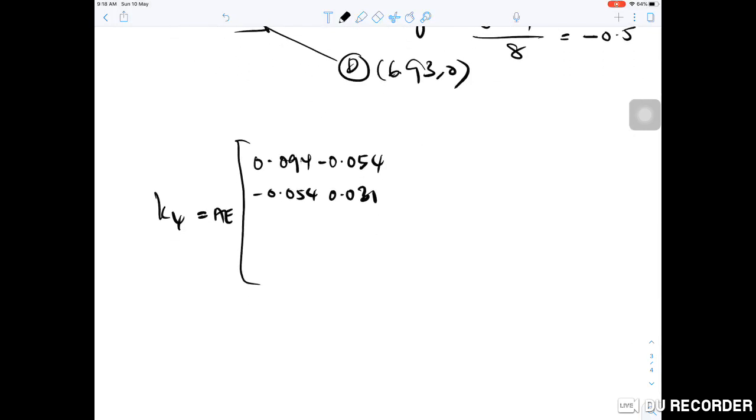Actually for truss, the formula is quite easy. It is 0.094, negative 0.054, negative 0.054, 0.031. So for the rest it is just the same value but in opposite sign.